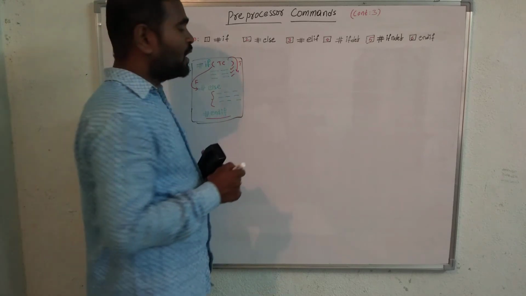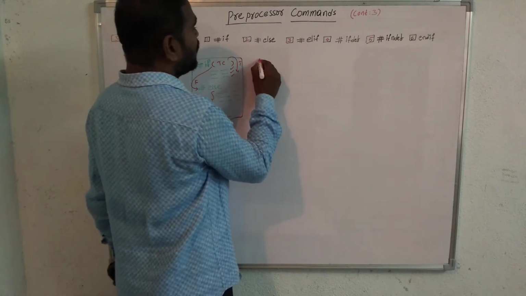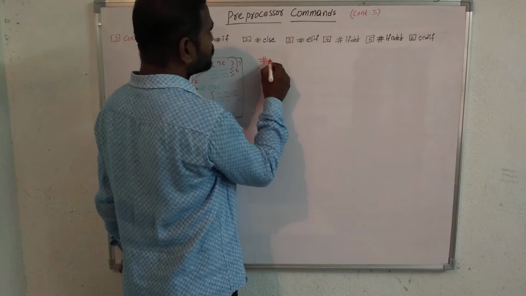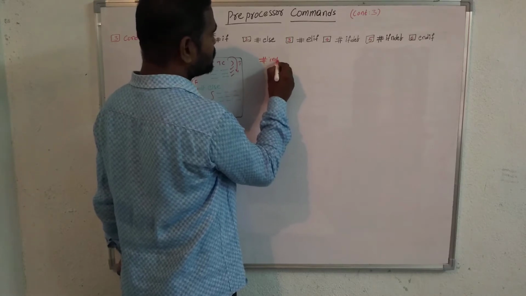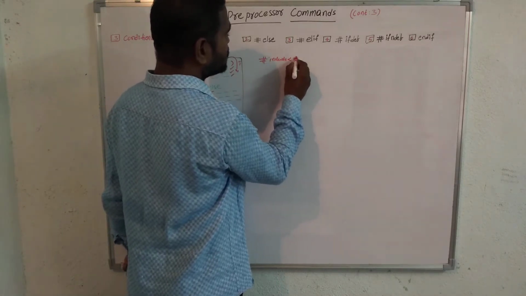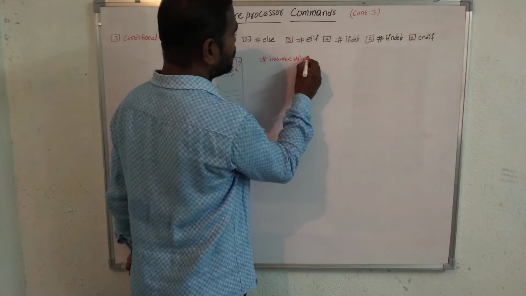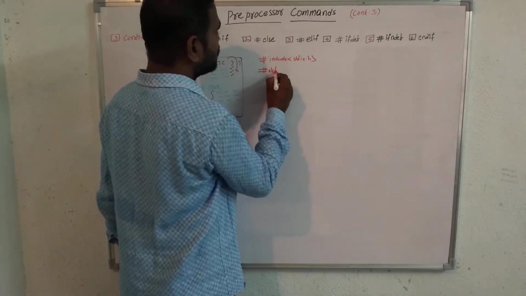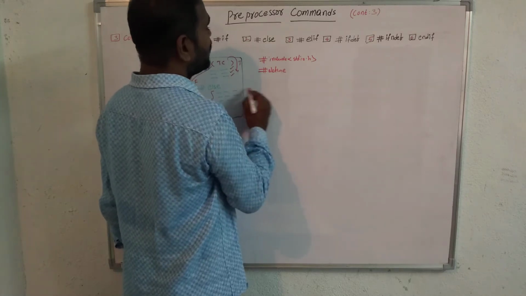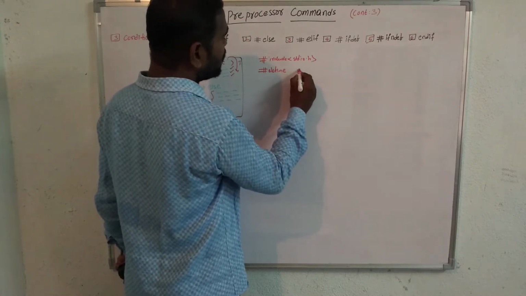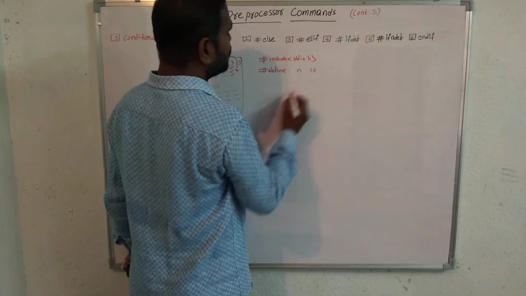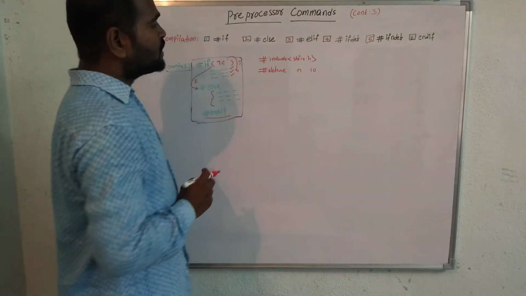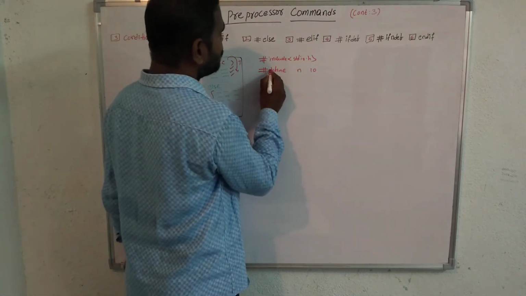Please see here: #include <stdio.h>, next #define N 10. These are the coding constants.